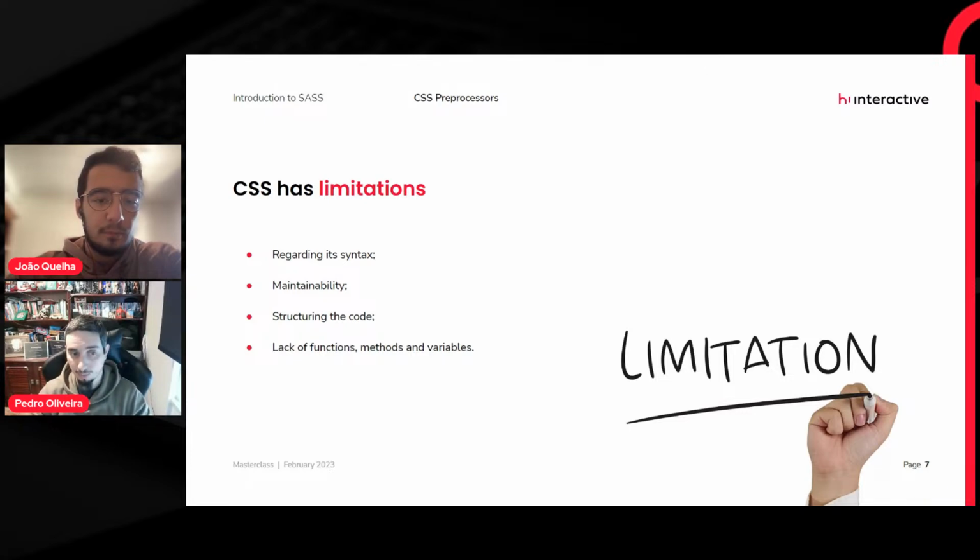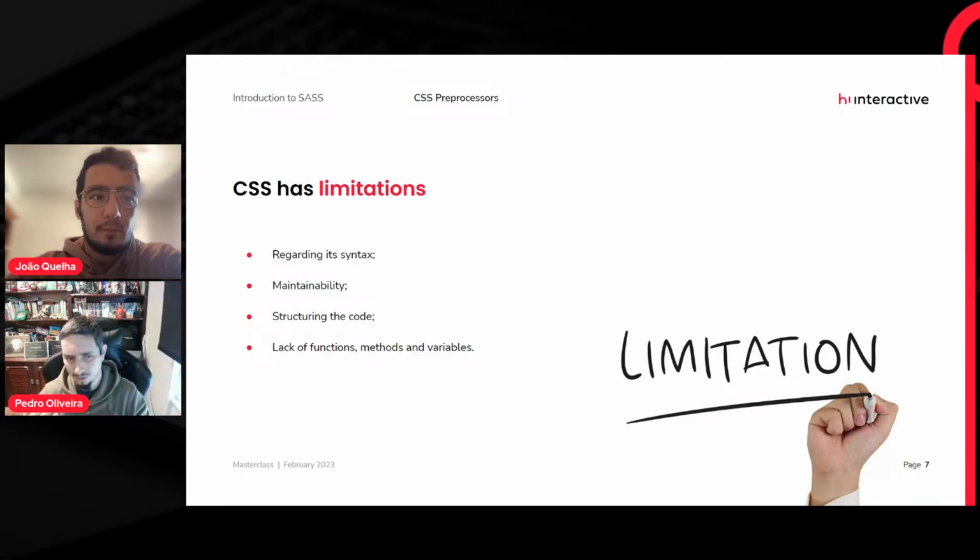I mean, the maintainability is also a problem. Our files are getting bigger and bigger because our pages are getting more complex with animations and transitions and layout stuff and all of that.